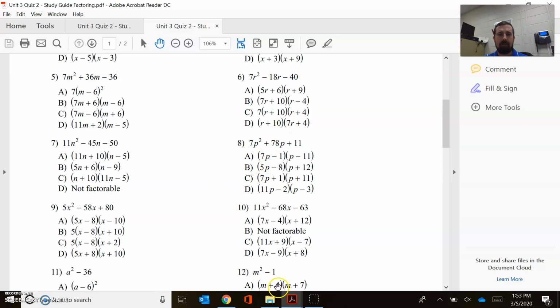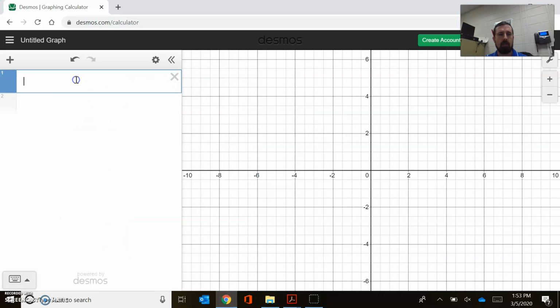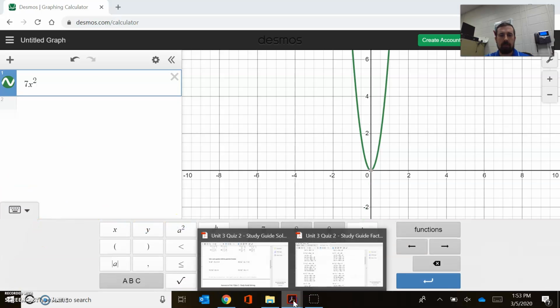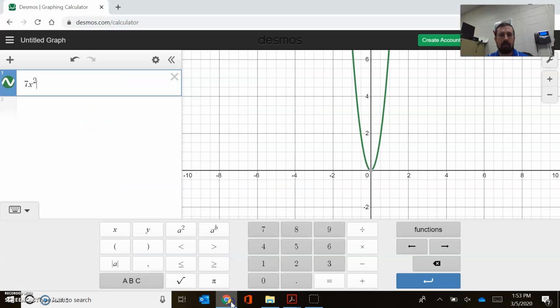So for number 8, it's 7p squared. I'm going to go back and plug these in. So it is 7x squared, and then what's it say here? Plus 78x plus 11.